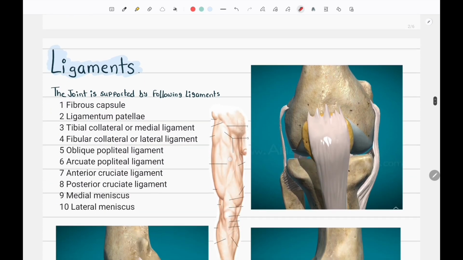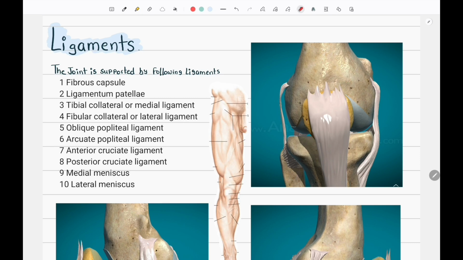Now coming to the ligaments. The knee joint is a highly strong joint because it is supported by many ligaments.